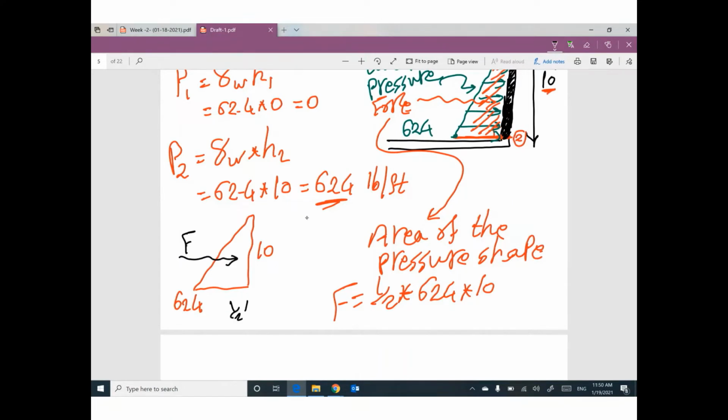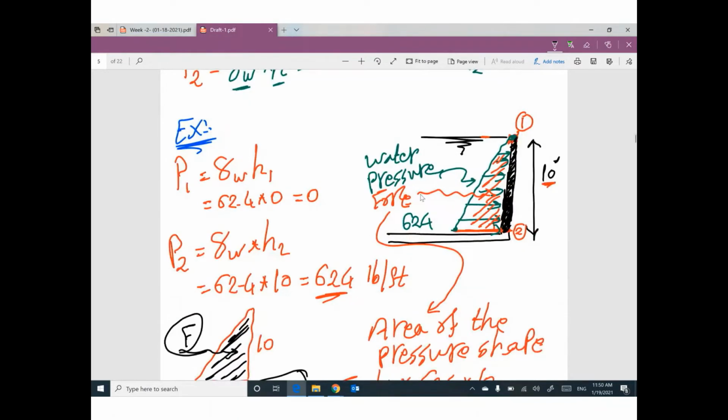It will be 1/2 times 624 times 10. 1/2 times base times height, I can get the area of this triangle. This area equals the force which is equivalent to the water pressure.